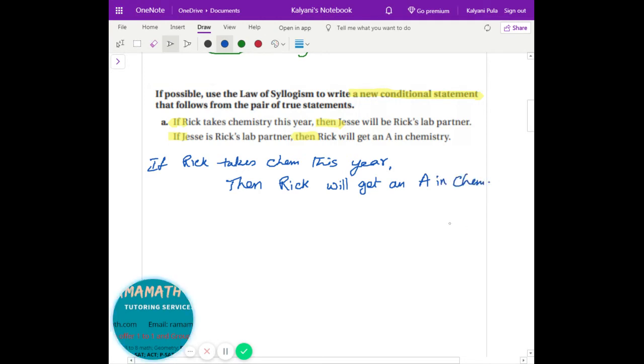Does that make sense? Yeah. We create a new conditional statement with the given conditional statements. I have the if, and this is the then. Okay? Does that make sense? Yeah. Okay. I'm going to give you guys an example. Let's try that one.